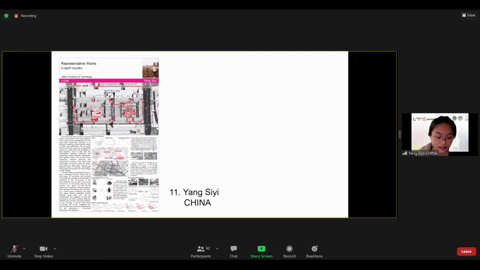And I think the connection between the past and the future will be reflected in the scheme, and also I hope this form can guide future community space to have a safer and more flexible assumption. That's all. Thank you.